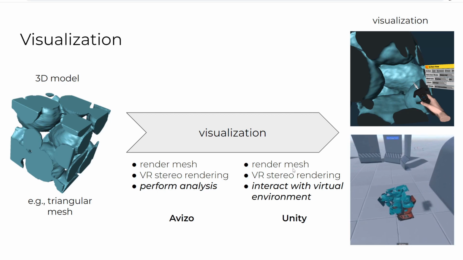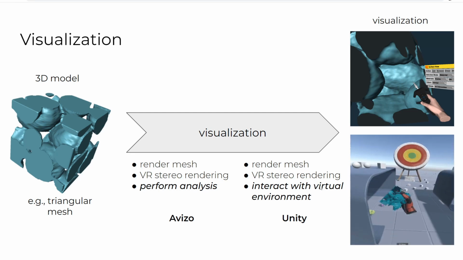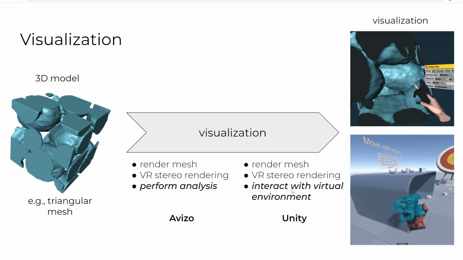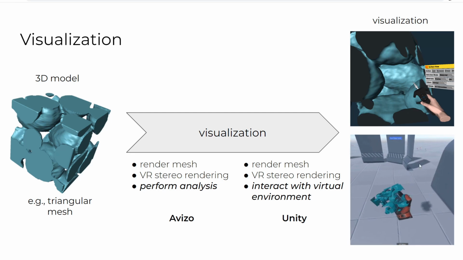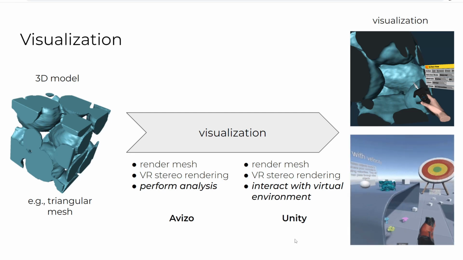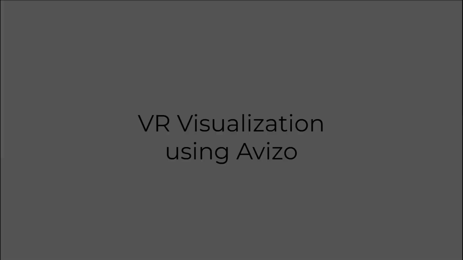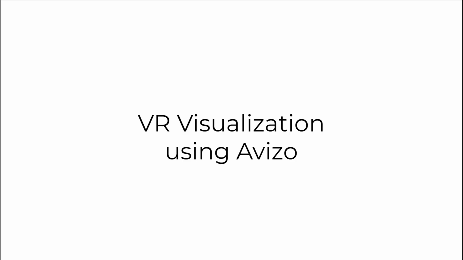On the other hand, if you're interested in bringing your 3D model into a virtual world and allowing your 3D model to interact with the virtual environment, as you can see here in this preview, then Unity would be a better option to use.